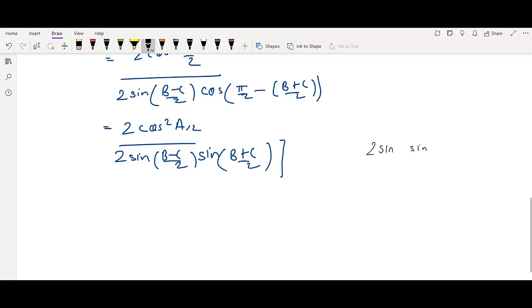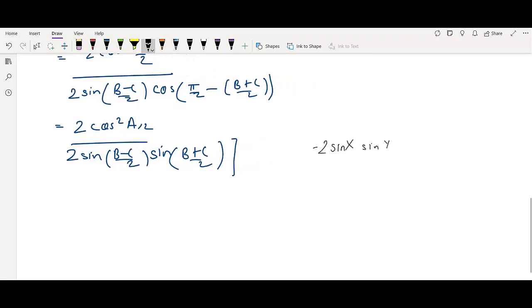What is minus 2 sine x sine y? That is cos of x plus y minus cos of x minus y, right? That is how the identity is.